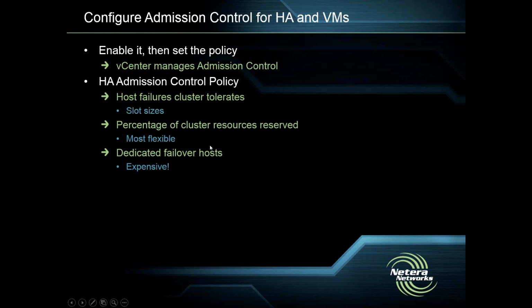But perhaps if you have your way and you're smart, wink wink, you'll use the percentage of cluster resources reserved, right? And you won't have to mess with slot sizes. You won't have to do that calculation. You'll just do a quick calculation of hosts to protect against failure, divided by the number of hosts you have, and it'll tell you how many resources to reserve. Okay.